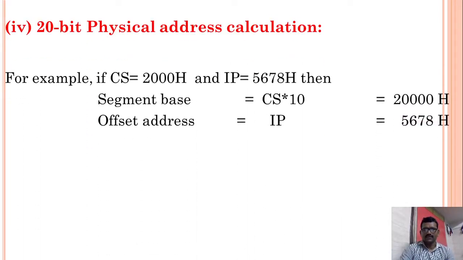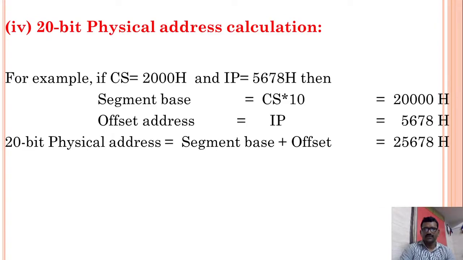For example, CS, the code segment, has 2000H and IP, the instruction pointer, has 5678H. Then the segment address, that is the base address, is equal to CS into 10H. Here the bus interface unit shifts the contents of the code segment register to the left by 4 bits, or we can say it adds 4 zeros at the lower side of the starting address of the segment.